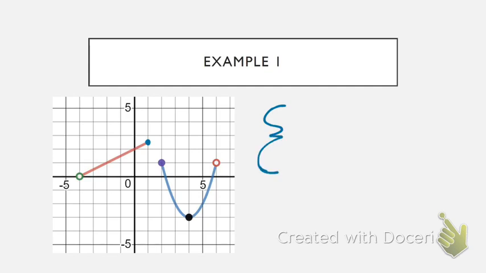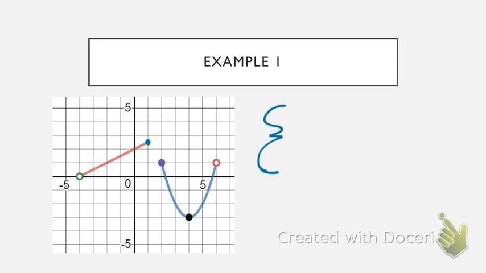So for the first part, I have a line, and since the line is red, I'll write in red. So to write the equation of a line, I need to know two things. I need to know the slope of the line, and I need to know the y-intercept.